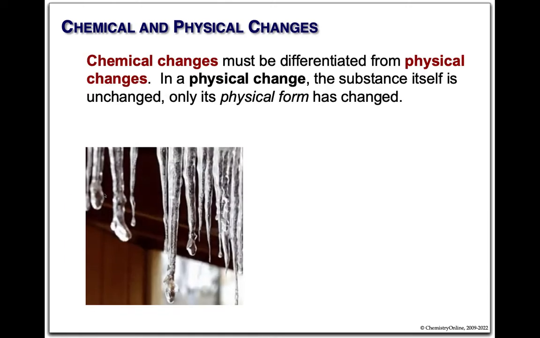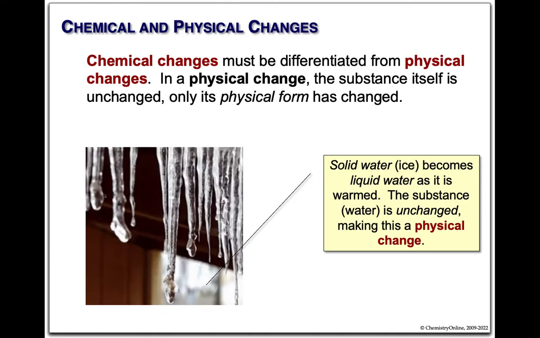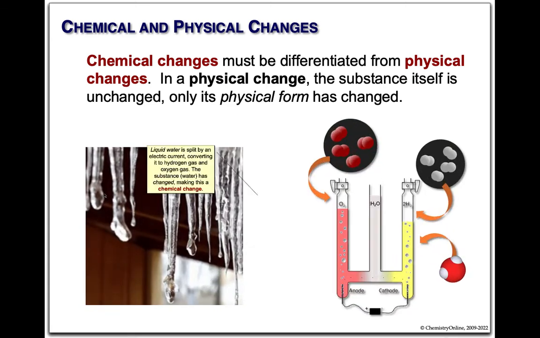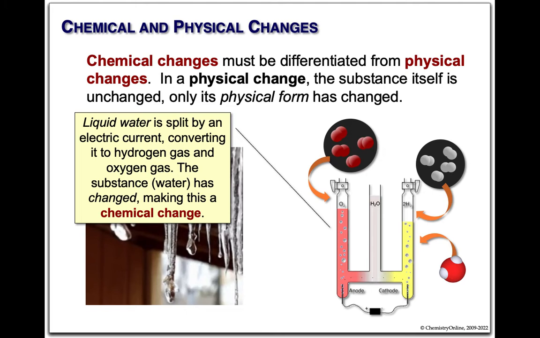All right, you can also have physical changes as well as chemical changes. In a physical change, the test of it is we start off with one substance, wind up with the same substance. It's still water. Solid versus liquid, but it's water. We can take water, though, we can run electricity through it.